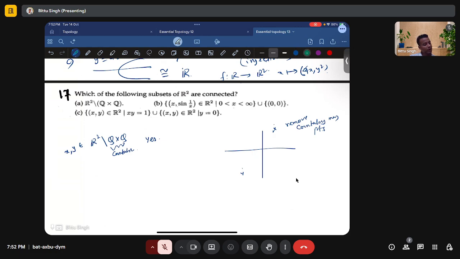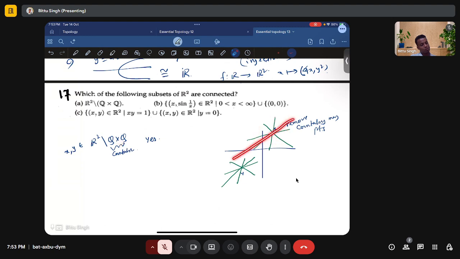But note that at x there are uncountably many straight lines containing x. Similarly, at the point y, there are uncountably many straight lines. Except countably many, for example, this line may contain some point from Q cross Q, but not all those lines.